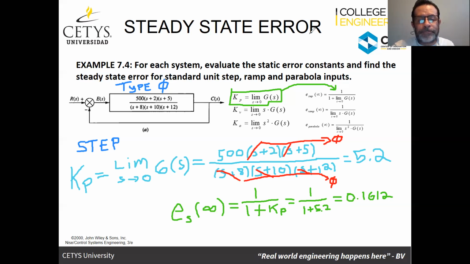Okay, so this is the error for the step. Now let's see what happens with the ramp and the parabola. I'm going to clear some of this, and take advantage of what we have written here.